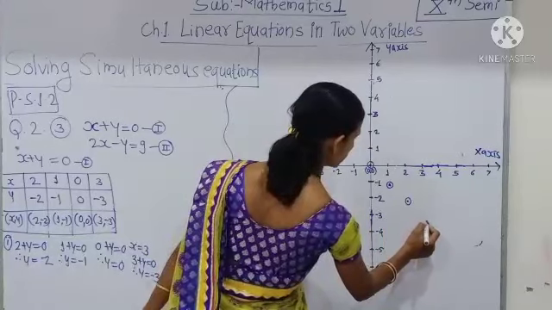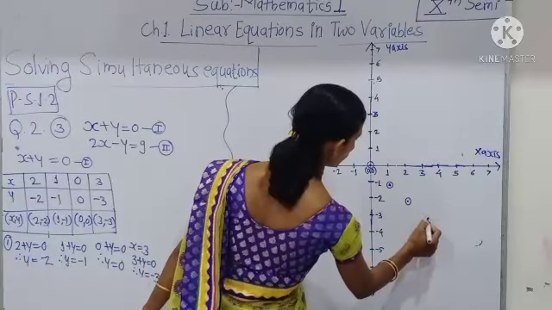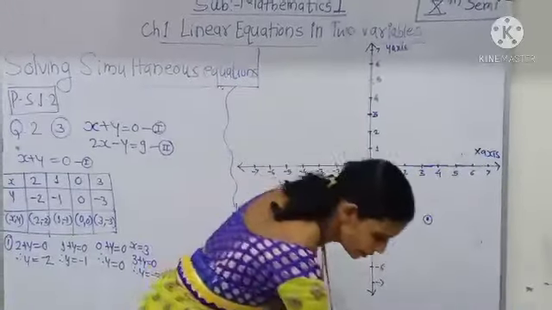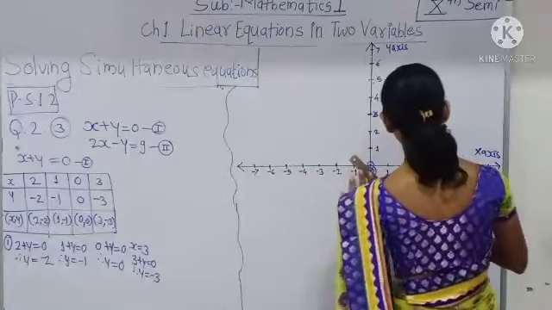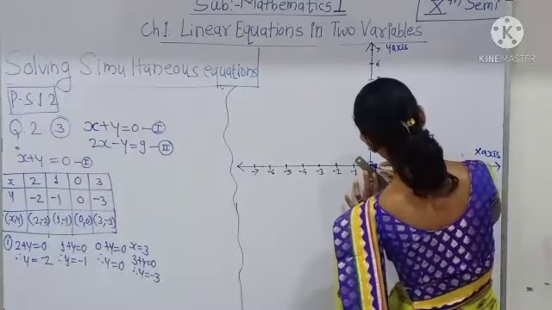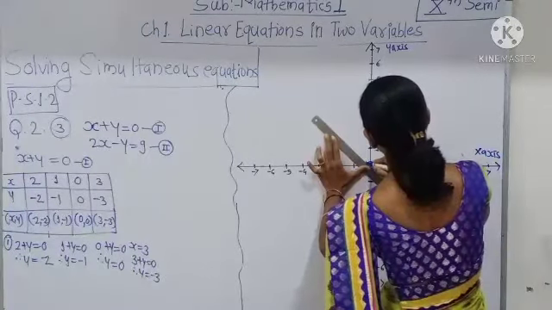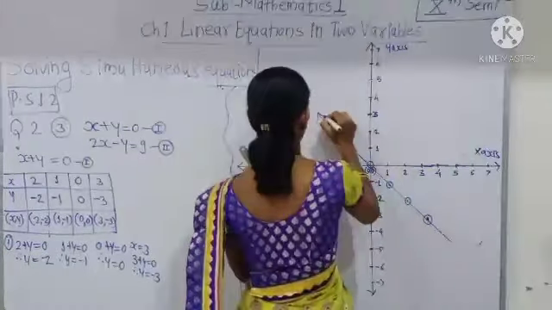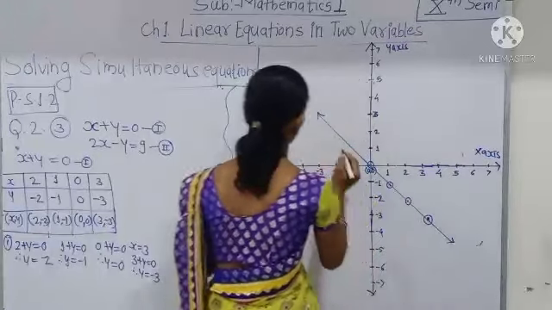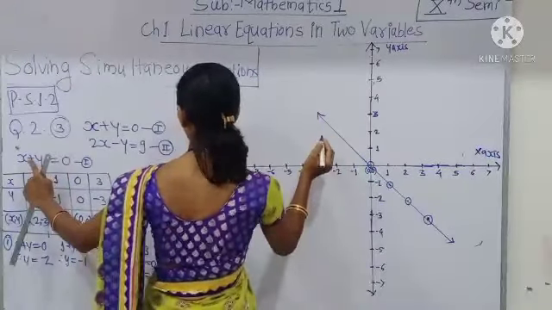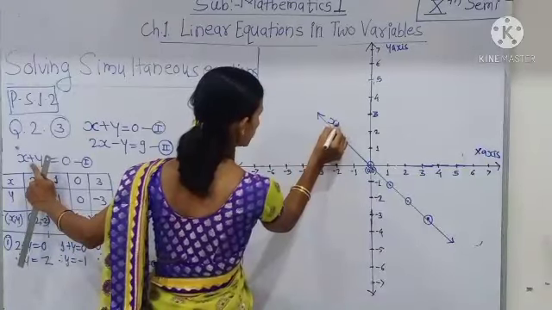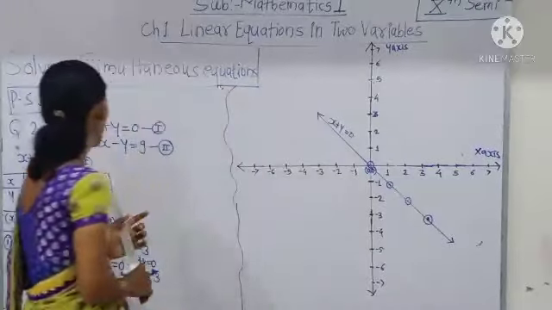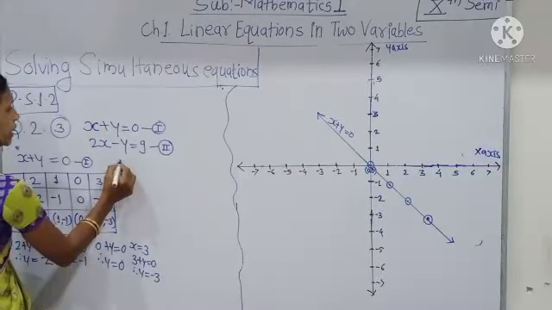Therefore, we get the fourth point here, and we draw the graph of equation number 1, that is x plus y is equal to 0.